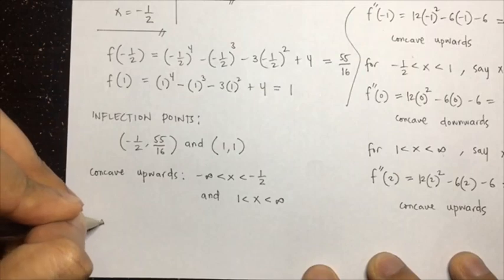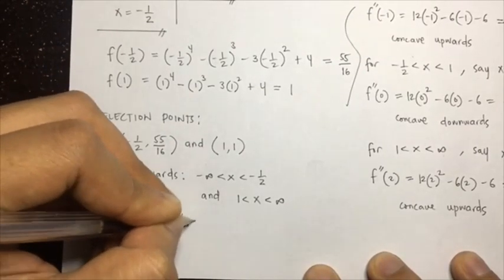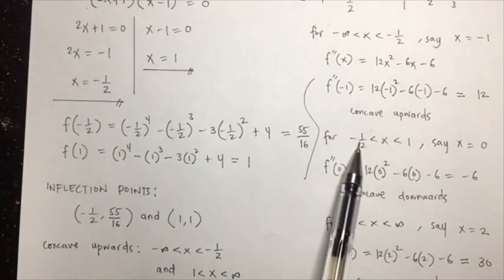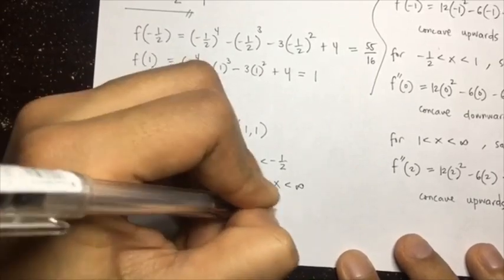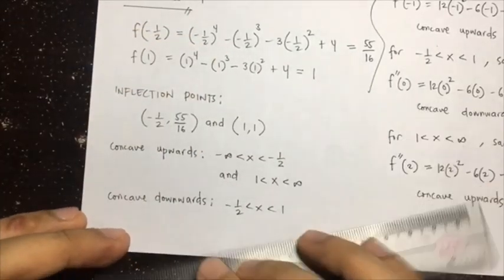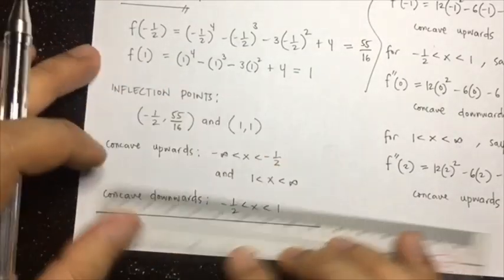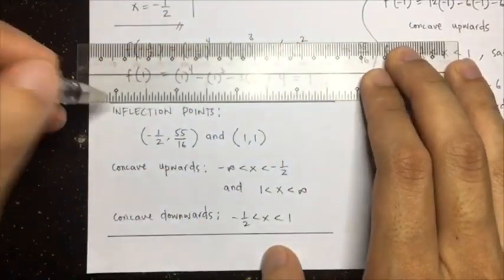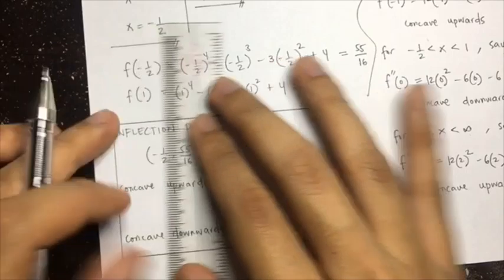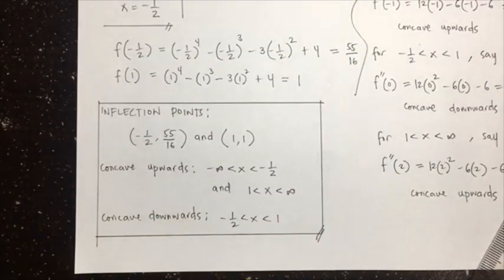And this is concave downwards from negative 1/2 to positive 1. Okay, so that is our answer for the inflection points and the intervals for which the curve is concave upwards or concave downwards.